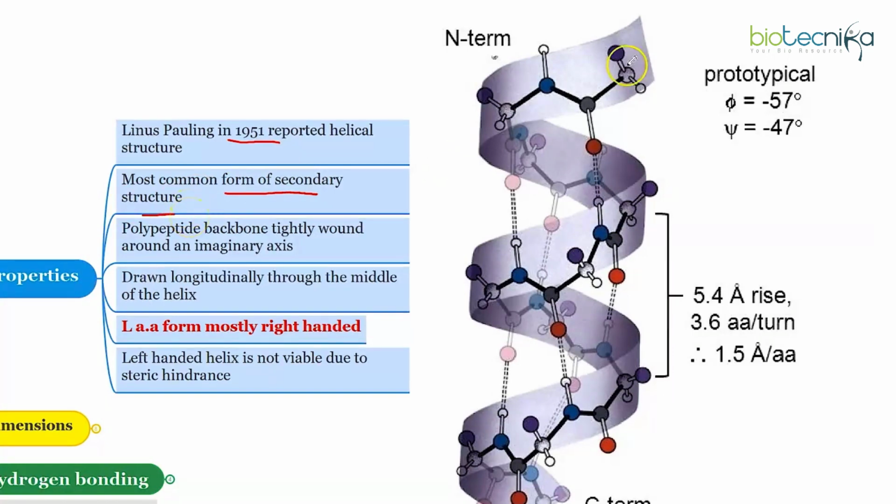Now secondary structure, as we know, is a folding of the peptide backbone. This is an alpha helix structure which you're seeing on the screen, and this is your polypeptide chain. As you know, polypeptide chains consist of amino acids.